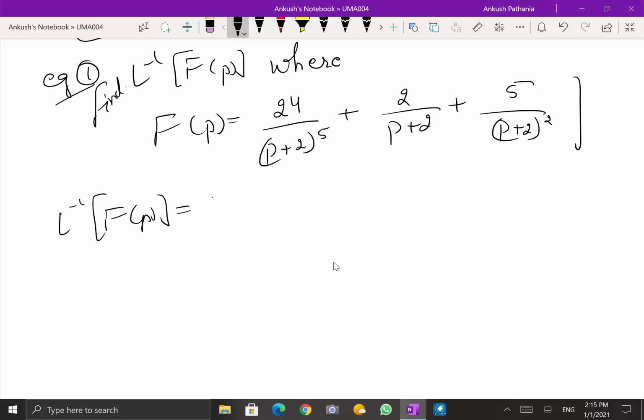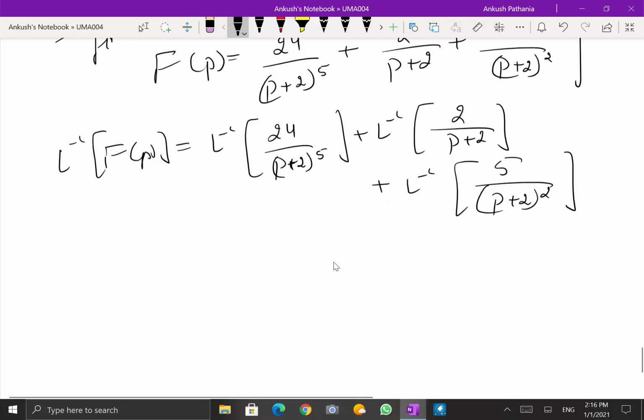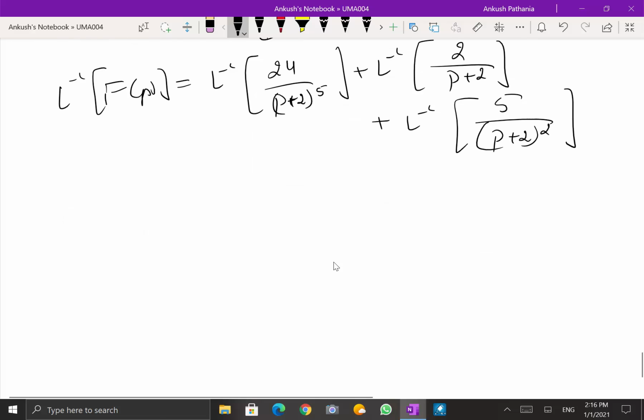Let me use the property of linearity and write it term by term. I am not taking the constants outside, I will leave it as such, and then we will see what we do with these constants.